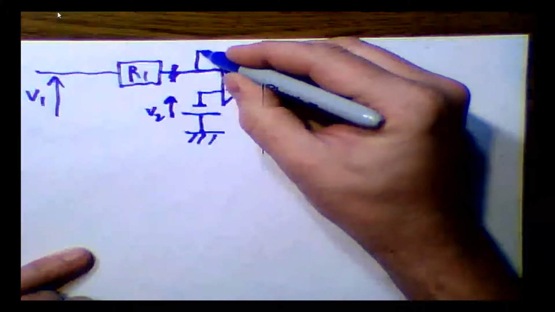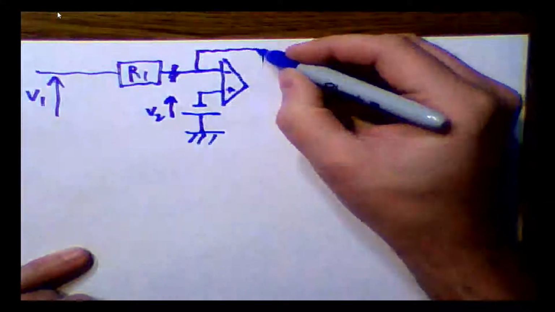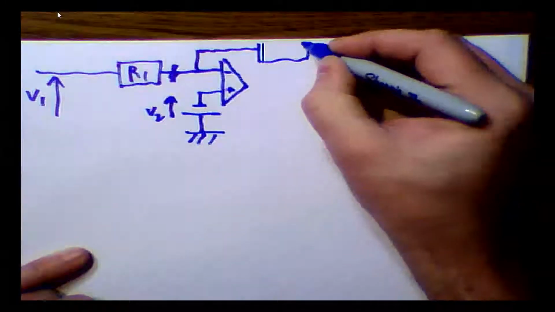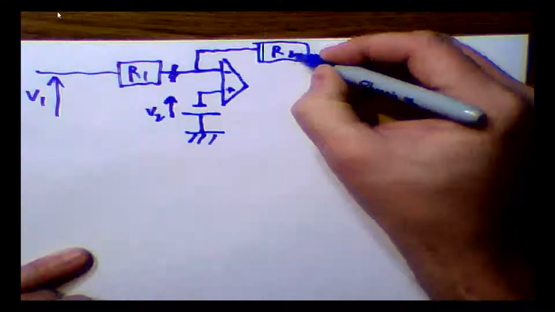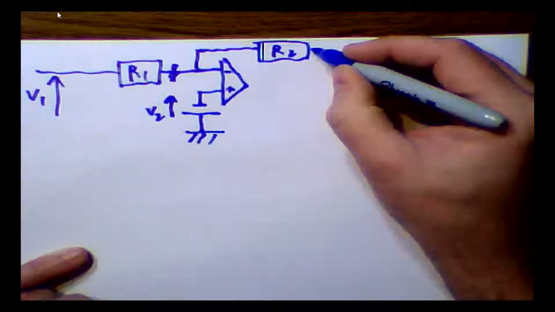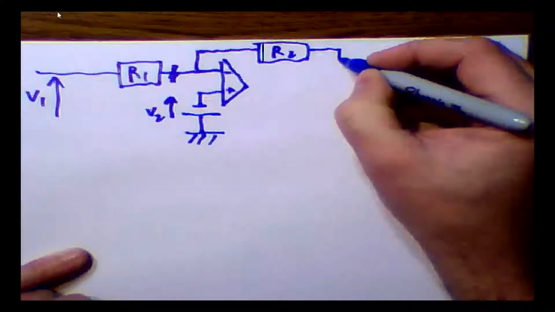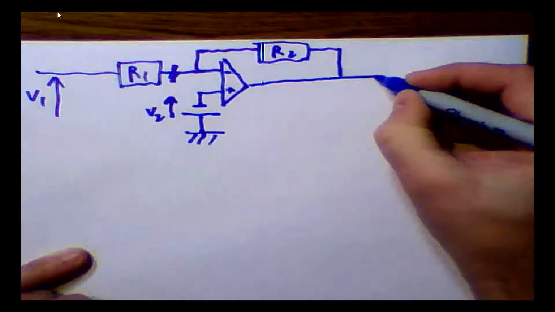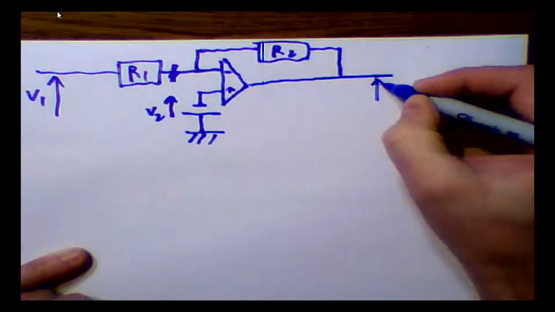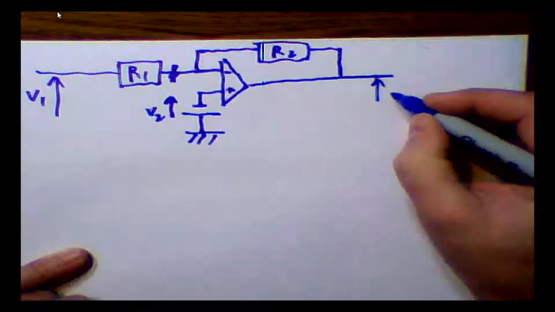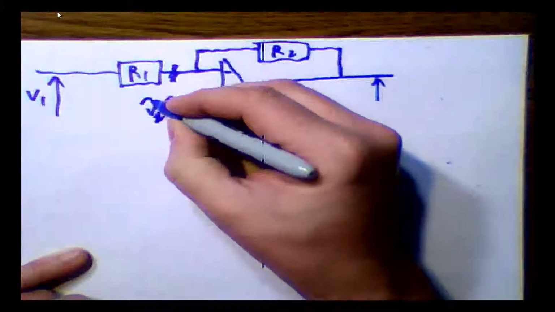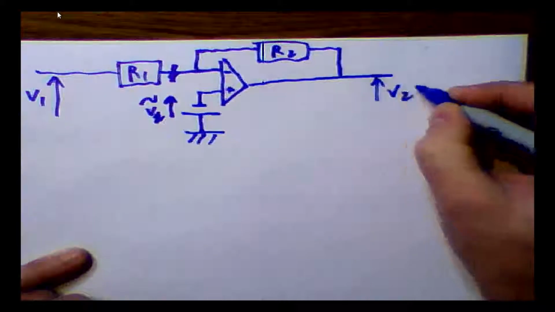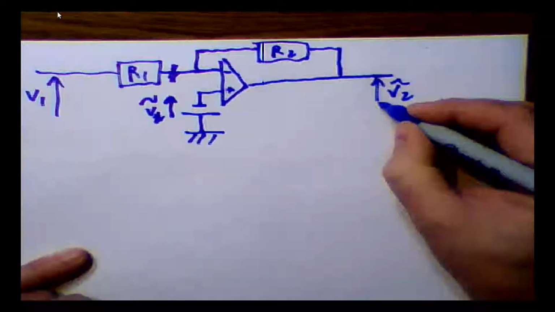And now we complete our diagram with R2, R1, etc. And instead of calling it V2, we'll call it V tilde because I'd like to keep V2 here.